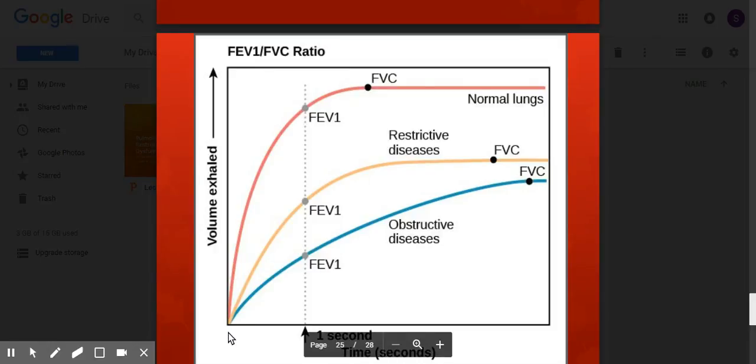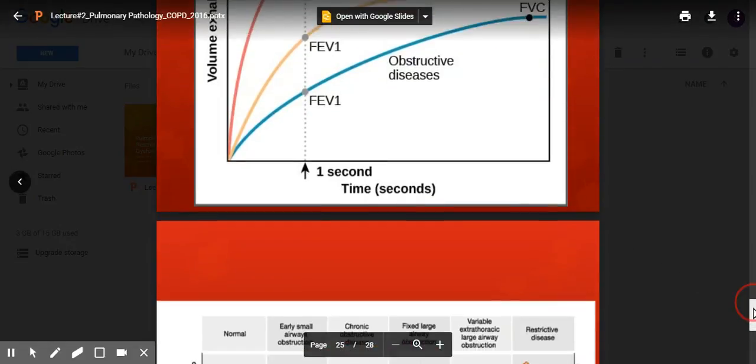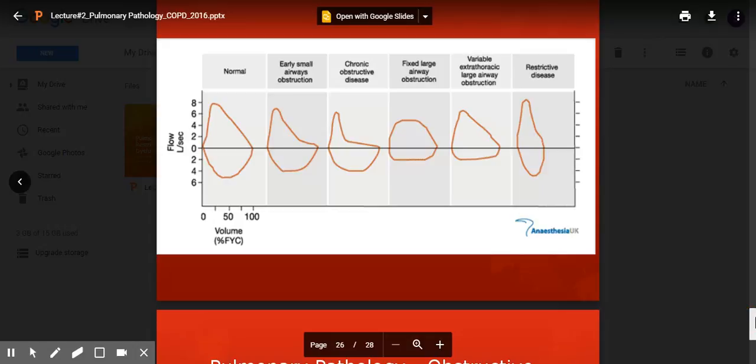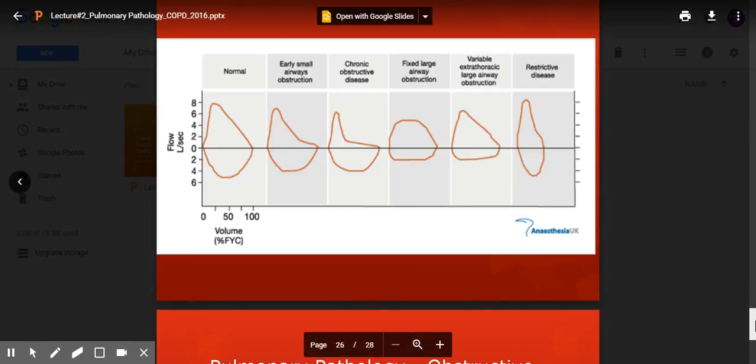When you look at COPD, you see very little air exhaled by the first second, and you see an extremely long passive exhalation, trying to get as much air out of the lungs as possible during exhalation. This is what's referred to as a flow volume loop, and we will discuss this in class.